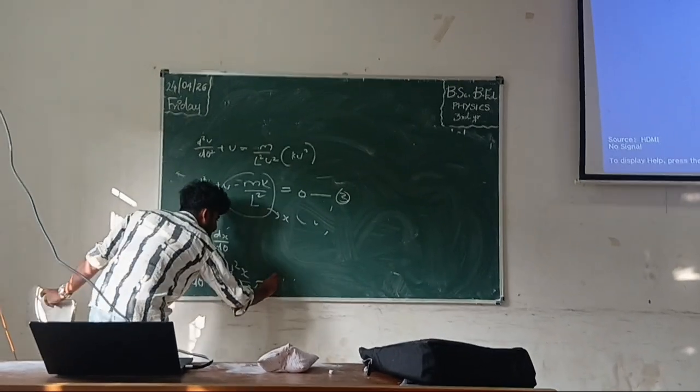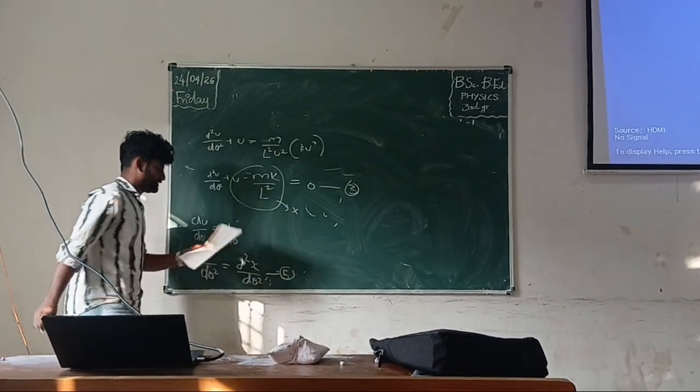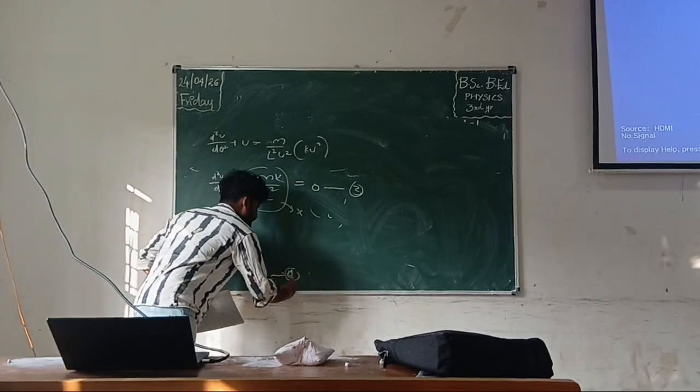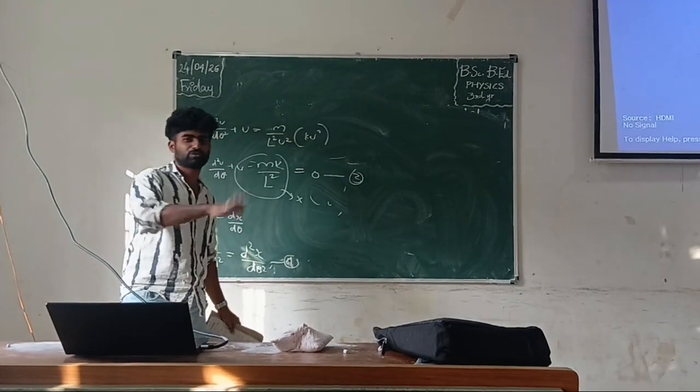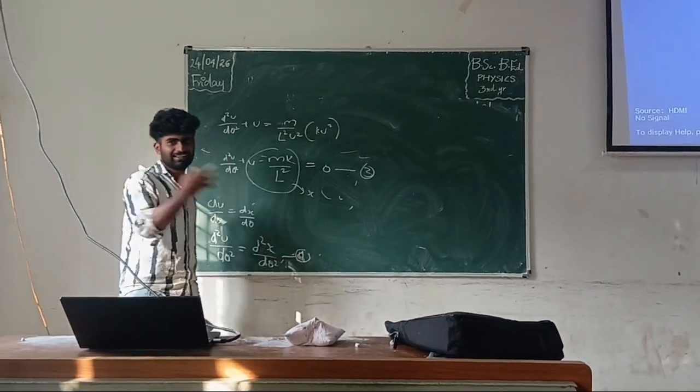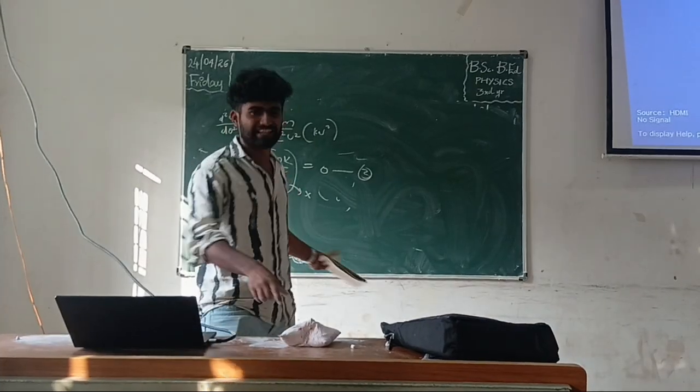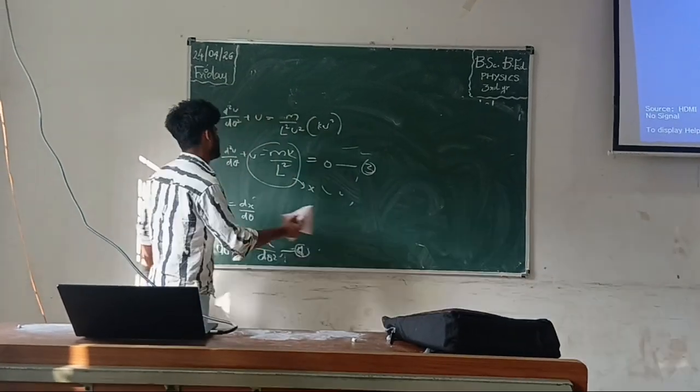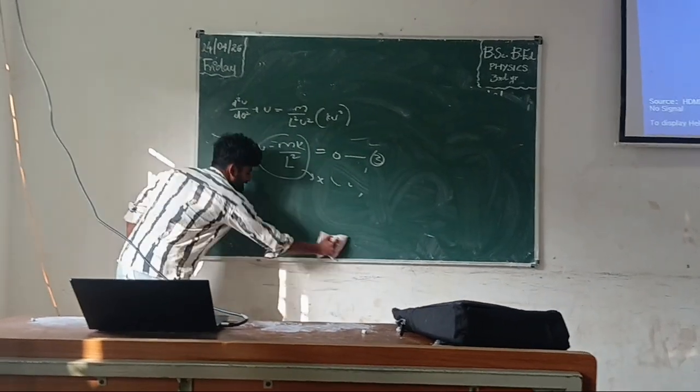This is the fifth equation, and that was the fourth equation. So up to now you have 4 equations, and you should write them down. These are the steps of derivation.